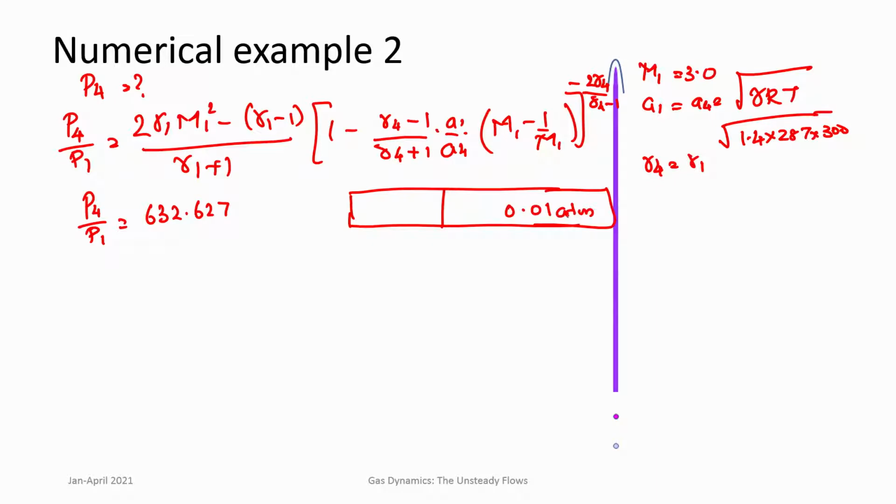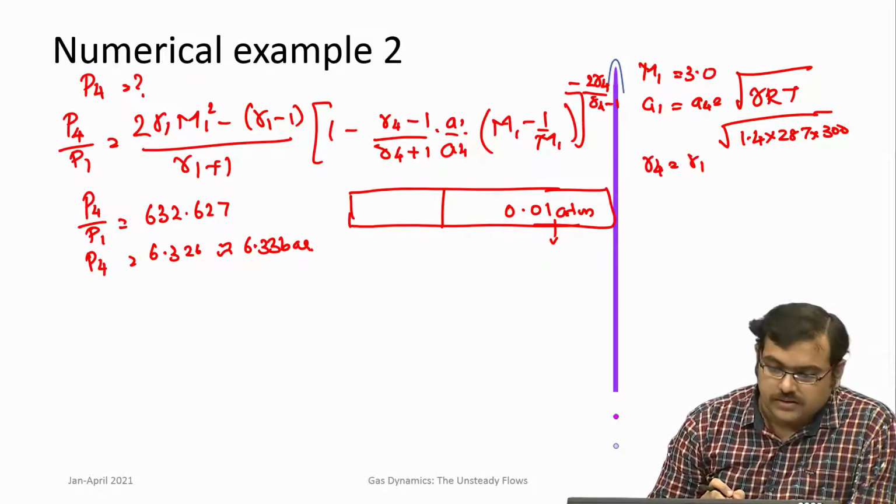Otherwise, if it was at 1 atmosphere, you can imagine you need to give 632 atmospheres here, but you can manage a fairly strong shock by using low pressures here, and then the pressure P4 is only 6.326, which is 6.33 bar. Okay, so that gives you the pressure ratio across the shock tube that needs to be provided so that you get the shock.